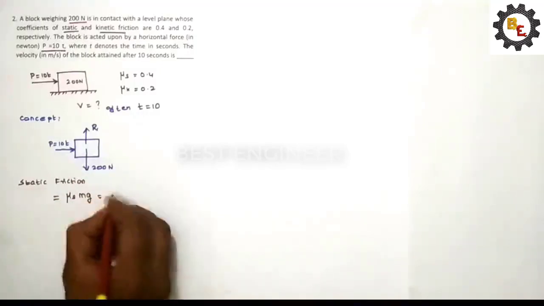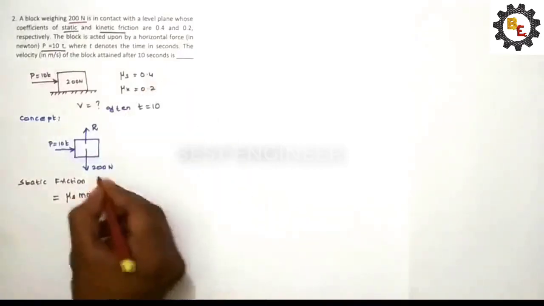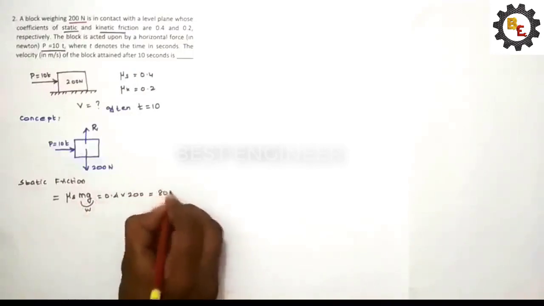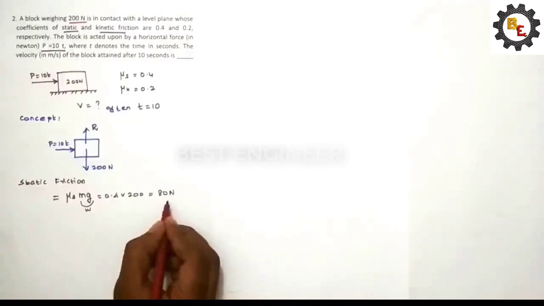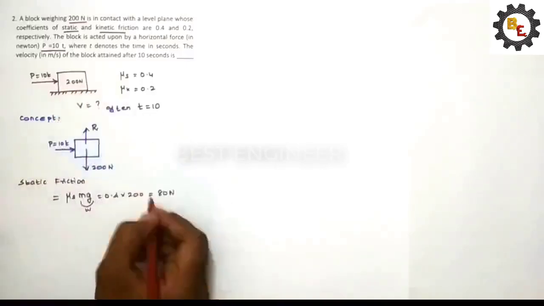Now the static friction equals mu static into mass into gravity, that is 0.4 into W, which is 200, equal to 80 Newton. Static friction acting between the object and the surface is 80 Newton.